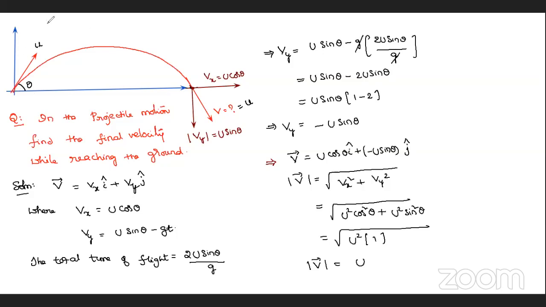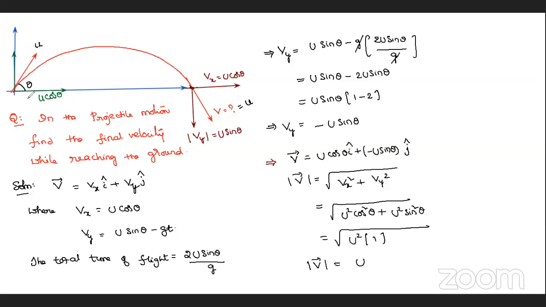The horizontal component of velocity you will get like this, and the vertical component of velocity you will get like this. So initially it is u cos theta. Finally also you got it in the same direction and same magnitude.